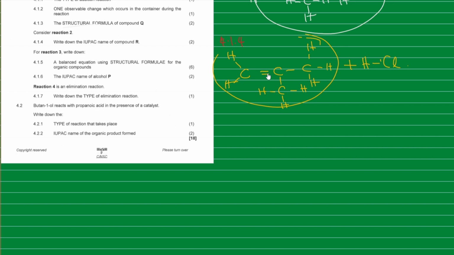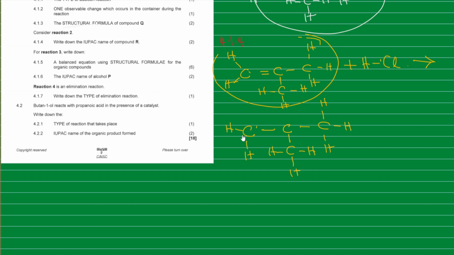When we break the double bond, we will have a situation where this is a C, which will give us the product C with an H here and an H there, because there are two H. And then this one is now broken into one bond, so it will be one C, with one bond to another carbon, and this carbon is also bonded to a C with 3H, and this one is a C with 3H.